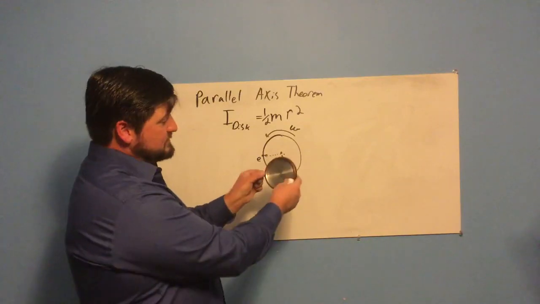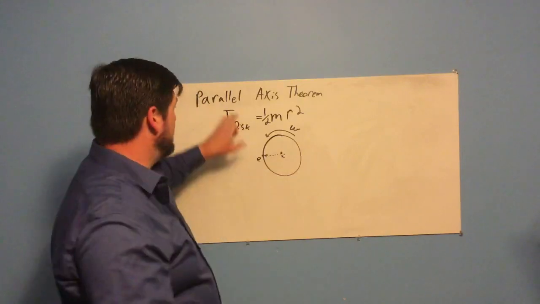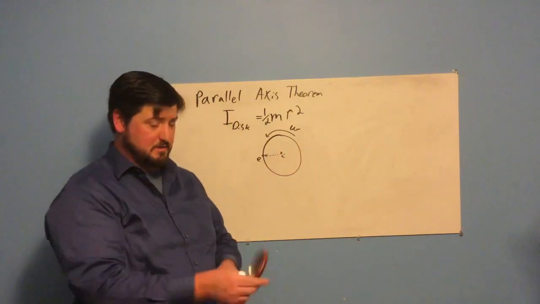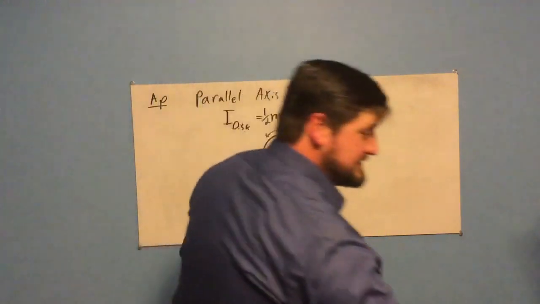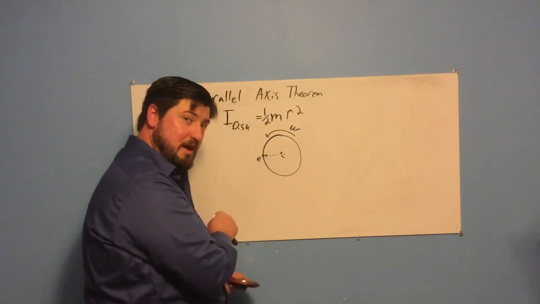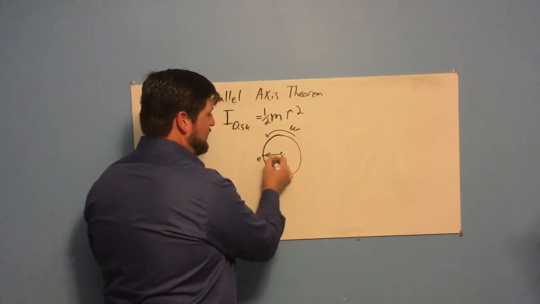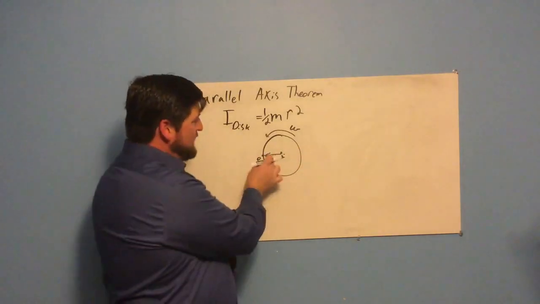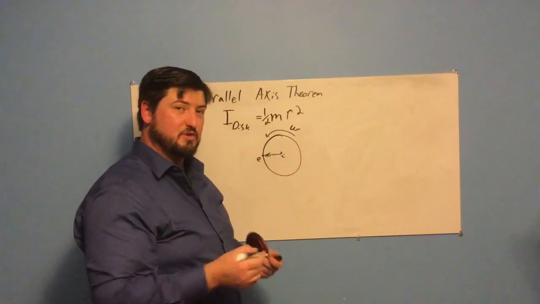But if we move it to this point here, how do we adjust for that and how do we account for that? We're going to use something called the parallel axis theorem to do so, okay? So how does this work? Well, this disk has the same density all the way throughout it. So what we need to do is figure out how far we are going to move it this way, because now we've got to account for all the mass that's now hanging off the edge. That's what the moment of inertia really is.